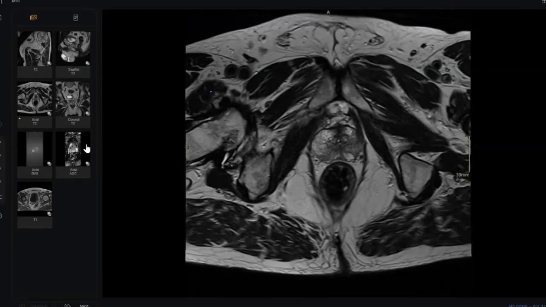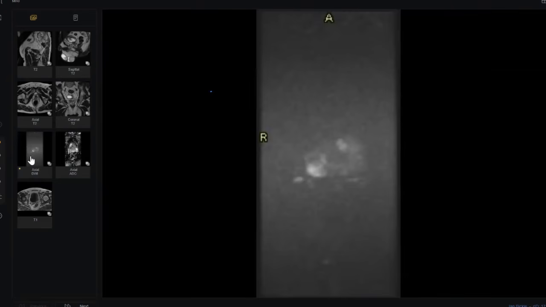I can also check the diffusion restriction sequences. I can appreciate that there is a DWI high signal intensity involving the peripheral zone of the prostate on the right side. I would like to correlate with the ADC to check its low signal intensity.